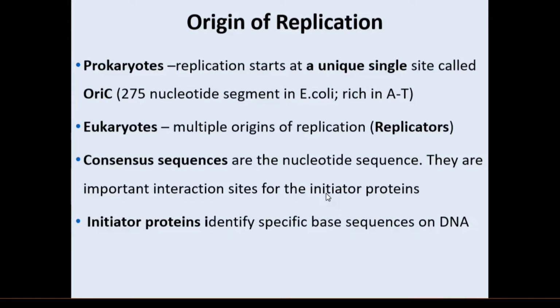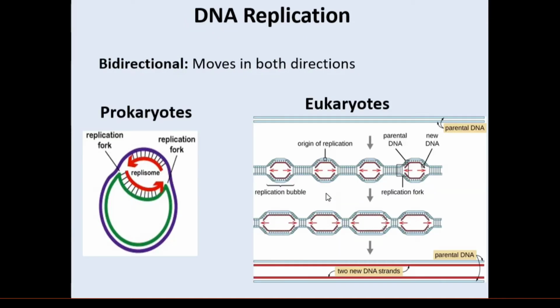Initiator proteins identify a specific base sequence on the DNA, so they initiate the replication from specific points. These specific points are recognized by initiator proteins through this consensus sequence, and these origins in eukaryotes are called replicators, and in prokaryotes they are called oriC.